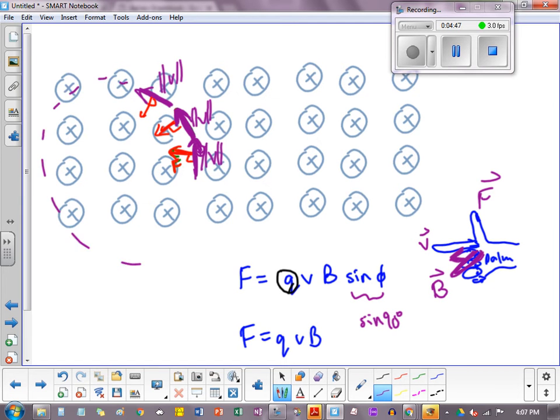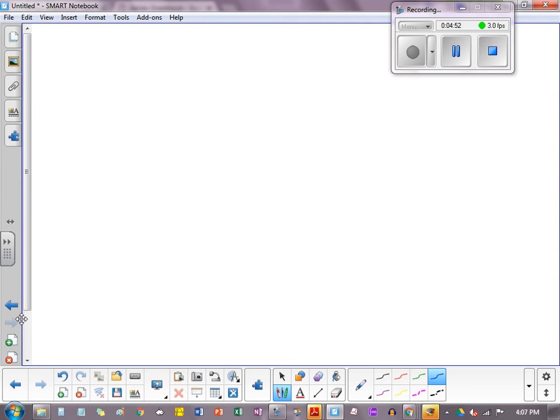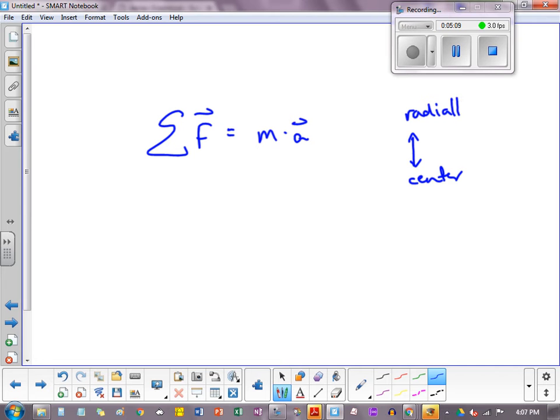Now, all of this is very predictable because according to Newton, the sum of the forces is always mass times acceleration, right? For our purposes, the forces are in and out. If this is the center, we have radially outward, which we can always call positive, and then radially inward, which we can always call negative.